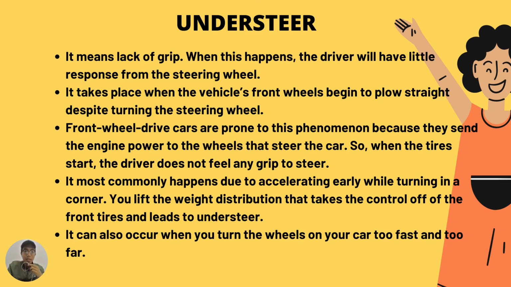So, when the tires slip, the driver does not feel any grip to steer. It most commonly happens due to accelerating early while turning in a corner. You leave the weight distribution that takes the control of the front tires and leads to understeer. It can also occur when you turn the wheels of your car too fast and too far.